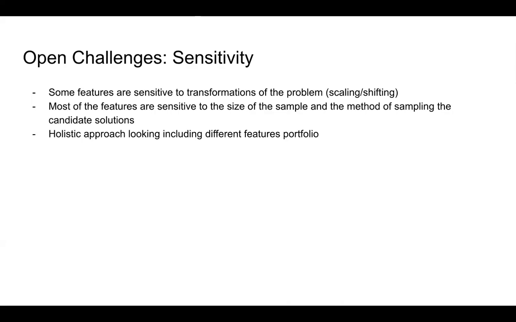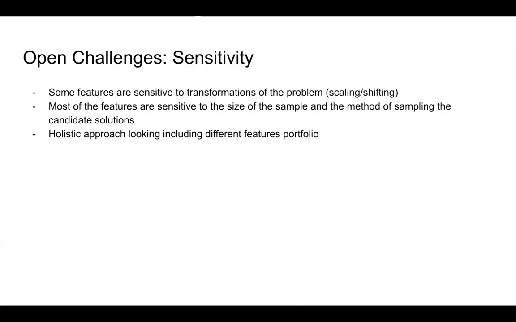Then we have also sensitivity to problem transformations. So for example, you take one problem, you perform some simple transformation, such as shifting it by 1 up, and suddenly your features are all different, and you would not expect this to happen.